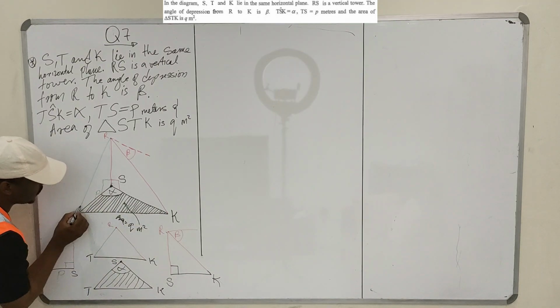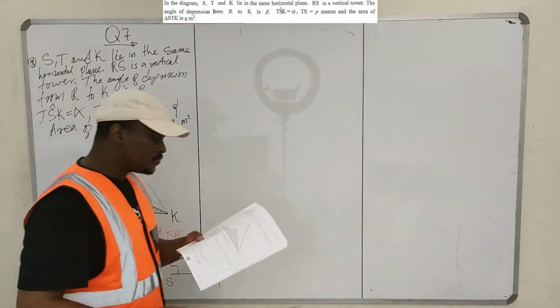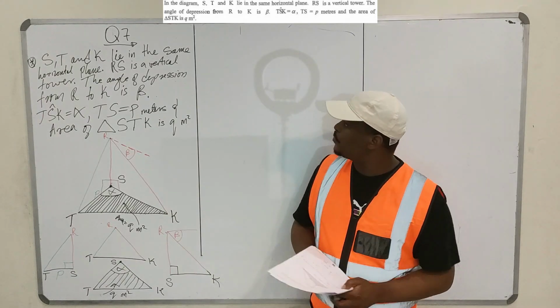It's called Q square meters, which is the same area as this one here, and the same area as this one here. It's the area of this triangle here. No problem. What are they saying now? Listen to our questions. 7.1.